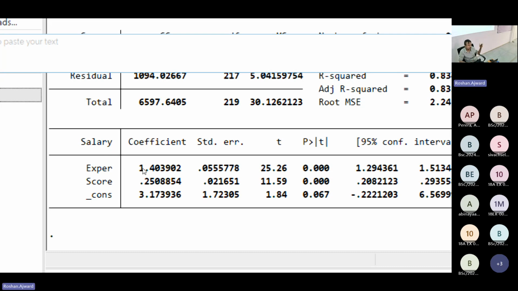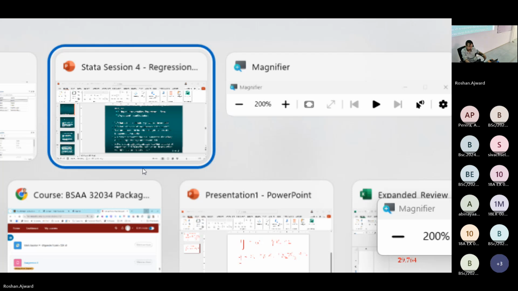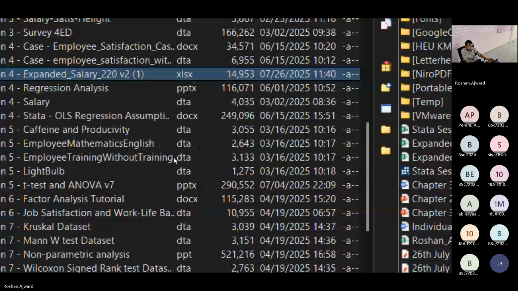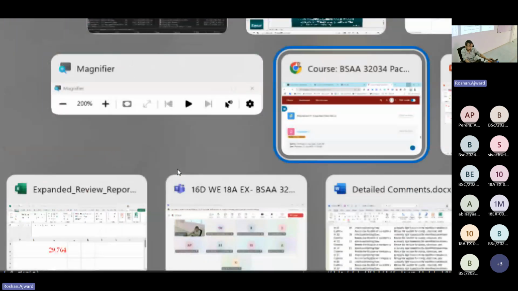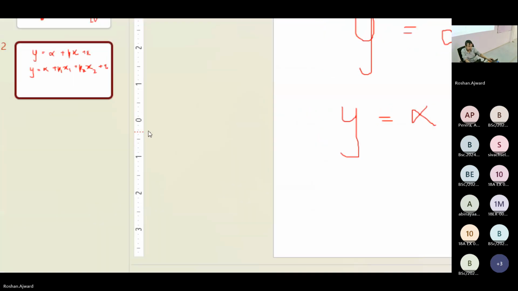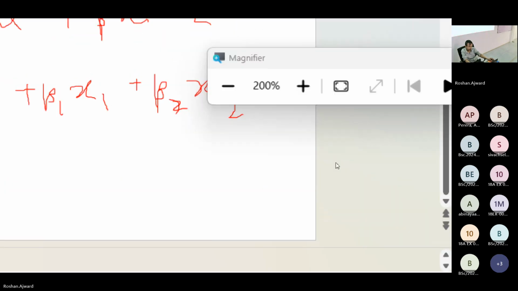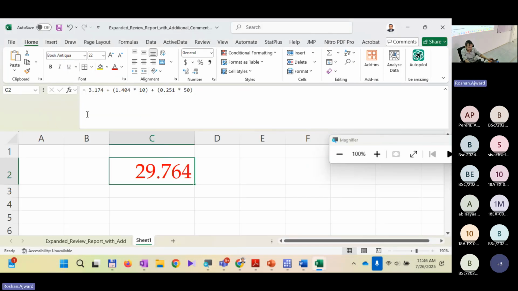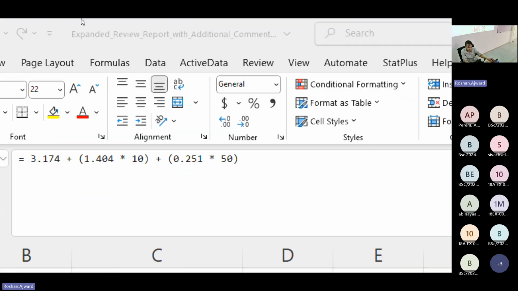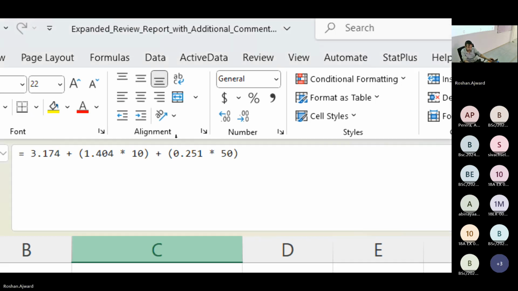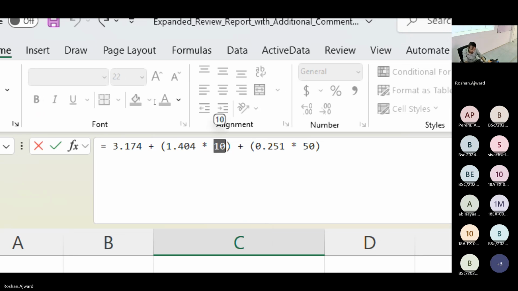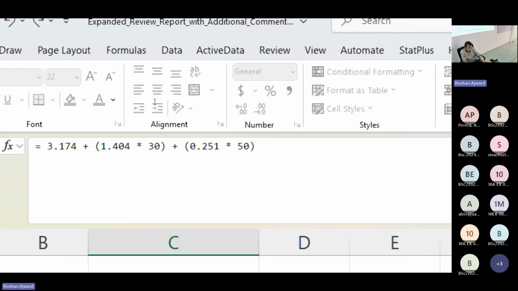Then substitute those two values: 30 years and 70 marks.